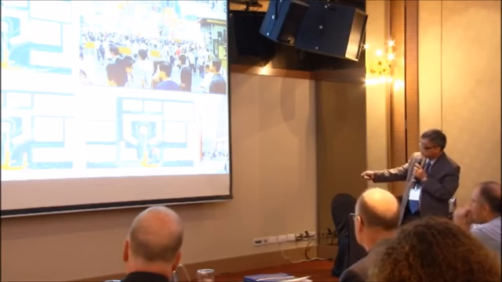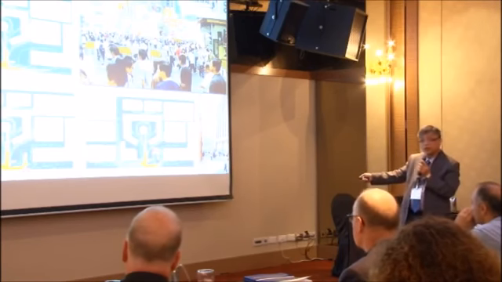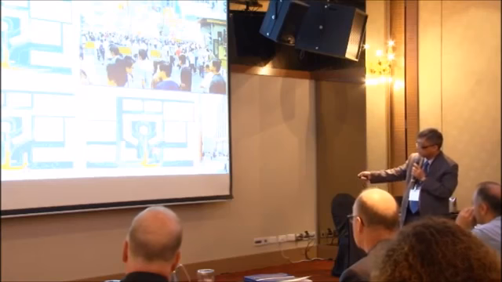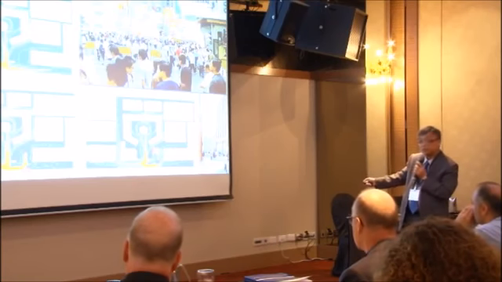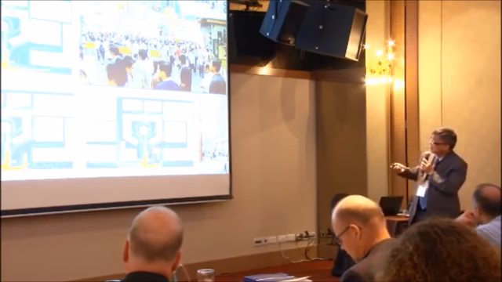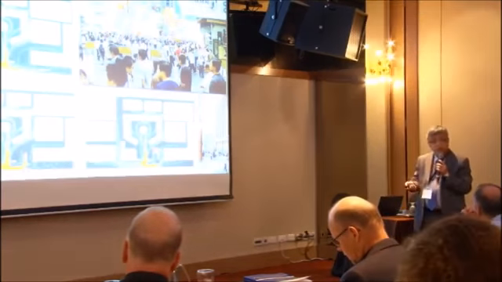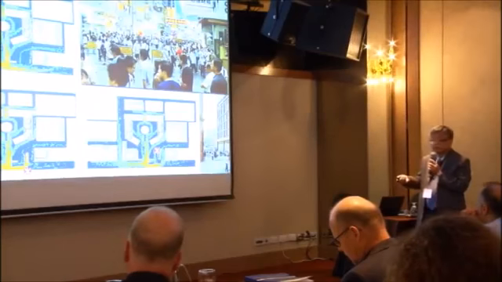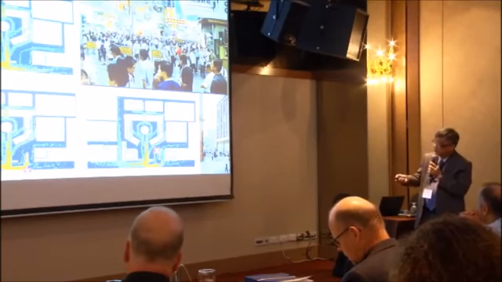But when we slightly changed the opening position, the density was reduced. So this is one of the usages of the model, to consider how we detail design the situation.